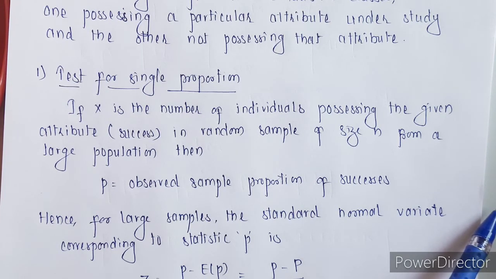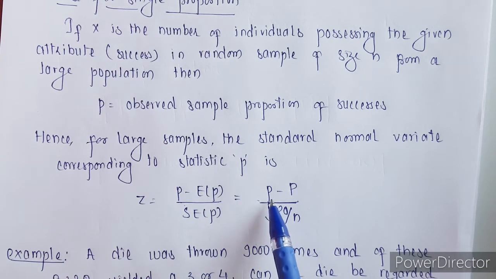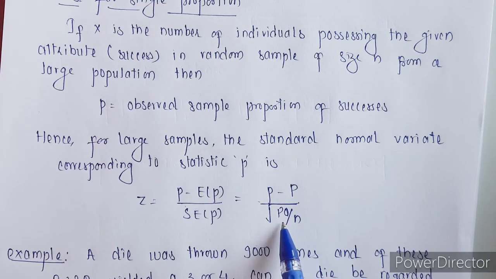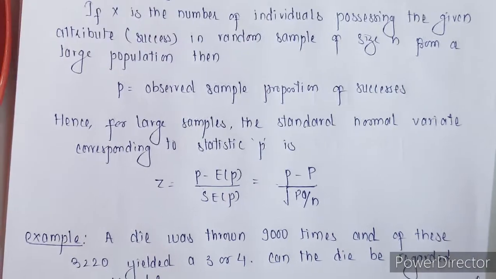So Q will be sample proportion for failure. So we can write standard normal variate Z as P, that is sample proportion, minus population proportion upon standard error of that statistic P.